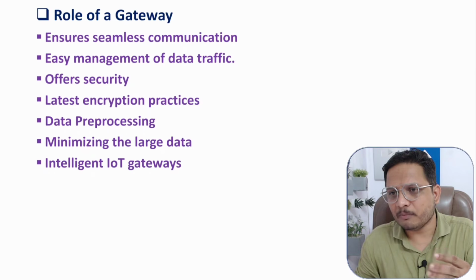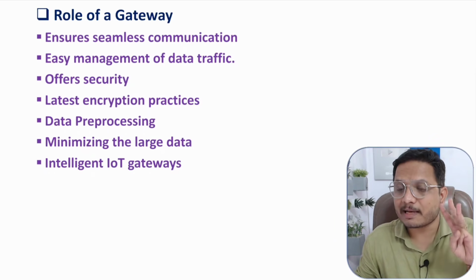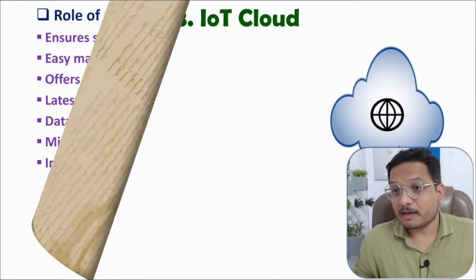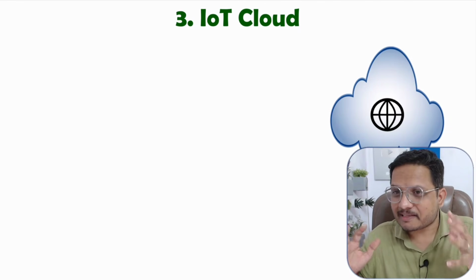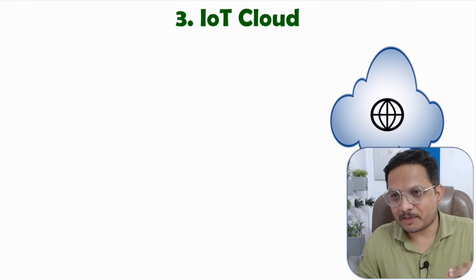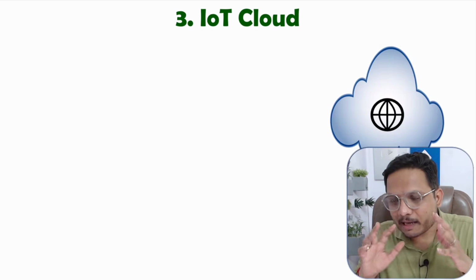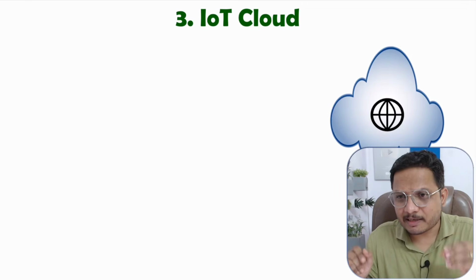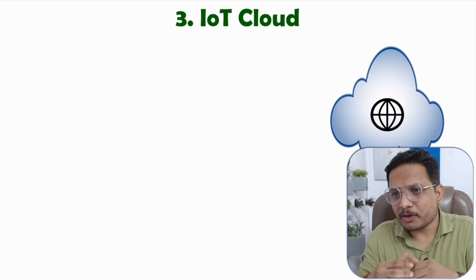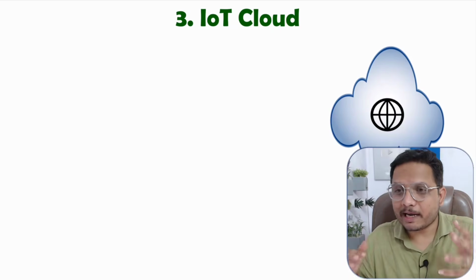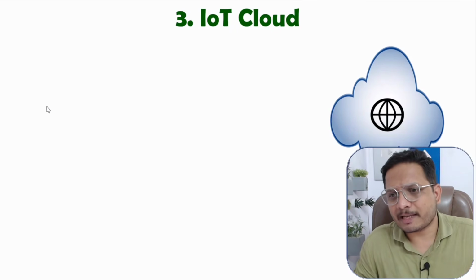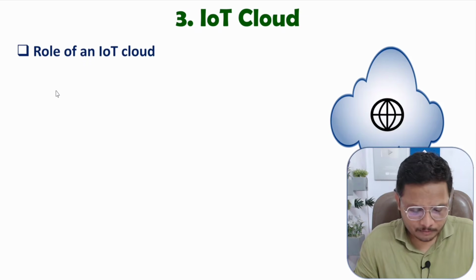Now I'm going to explain the third IoT component, that is the IoT cloud. The IoT cloud plays an essential role in the IoT ecosystem. It is not a compulsory component of an IoT system, but still in some systems we use it where we do data processing. Let me discuss the essential key roles of the IoT cloud.